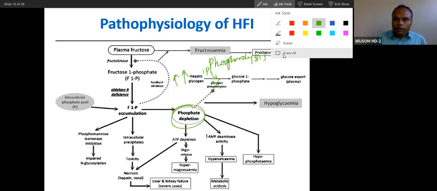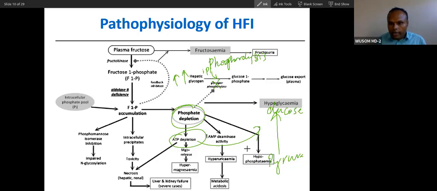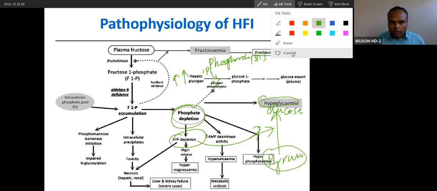Now, if there is no phosphate, there is no ATP formation, so ATP formation will also be affected. And you know ATP is required for what? Gluconeogenesis, pyruvate to glucose. That is why both will cause hypoglycemia. This is the reason for hypoglycemia.